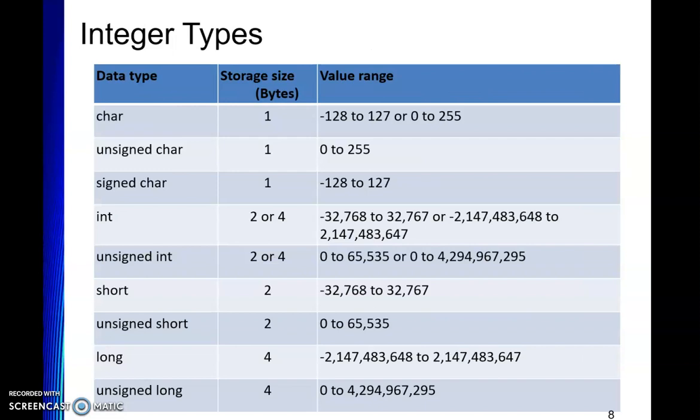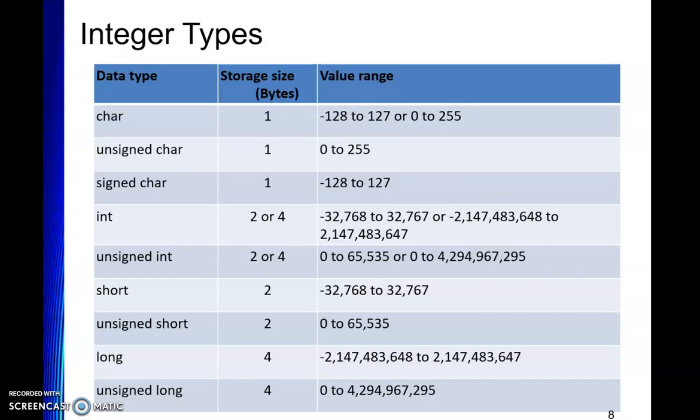When you say character, it is only 1 byte, so it ranges from -128 to 127, or 0 to 255 when you say unsigned character. If you want to understand this -128 to 127, you add 2 to the power 7, 2 to the power 6, 2 to the power 5, 4, 3, 2, and this way, if you represent it, you will understand the numbers we are getting.